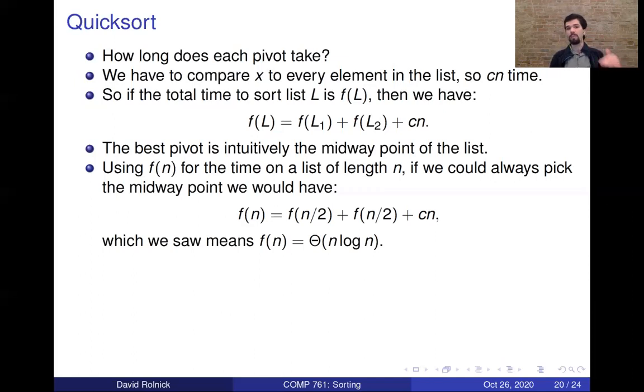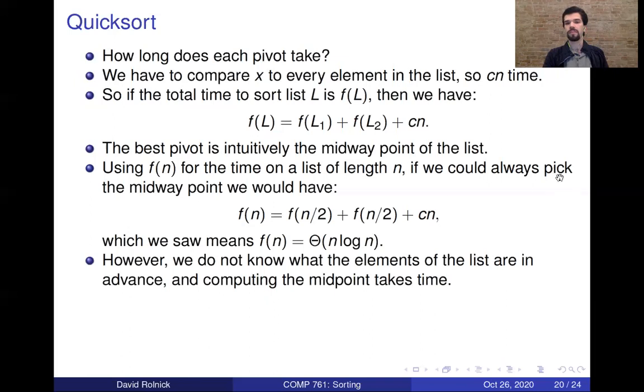So if we could somehow pick the midway point of the list always, then we would have theta n log n time. But we don't know what the elements of the list are, and we don't know what the midpoint is. And we could compute the midpoint, but that's going to take a bunch of time.